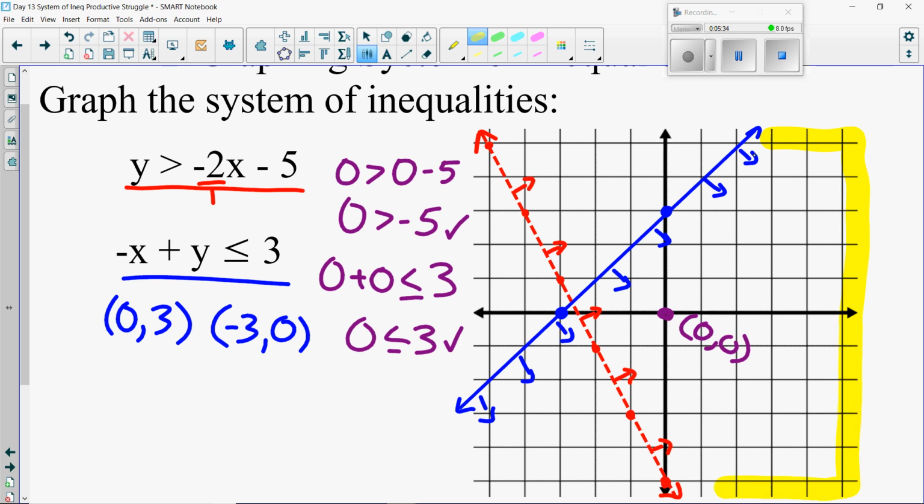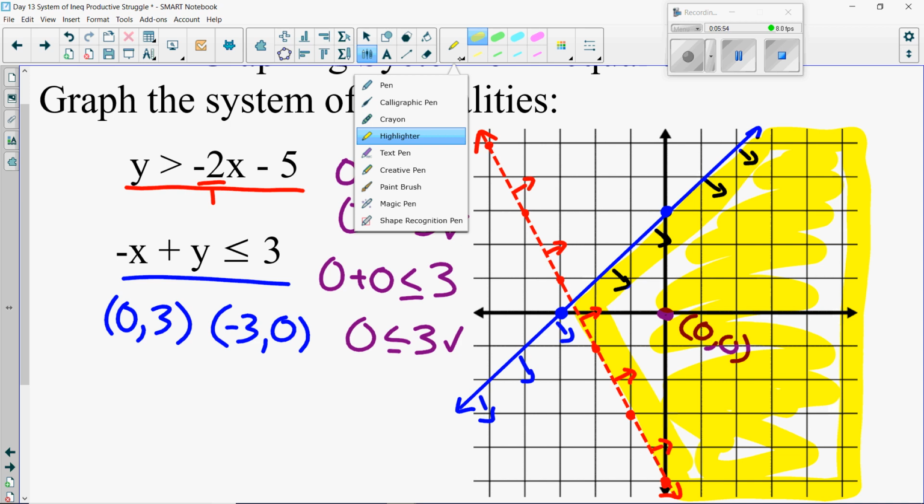So this would be the region that we shade in. So any point in this region would make this system true. Any point in this region would be a solution to this system.